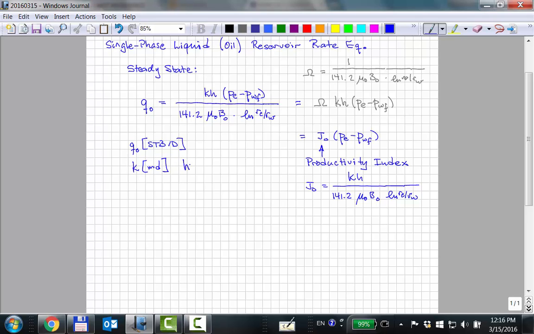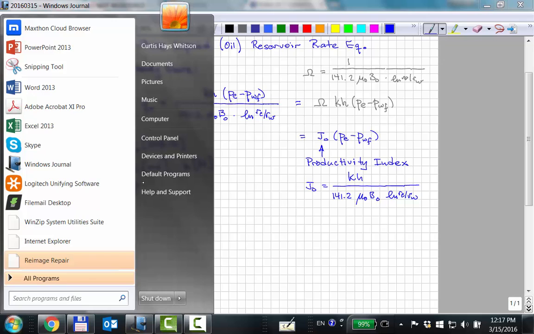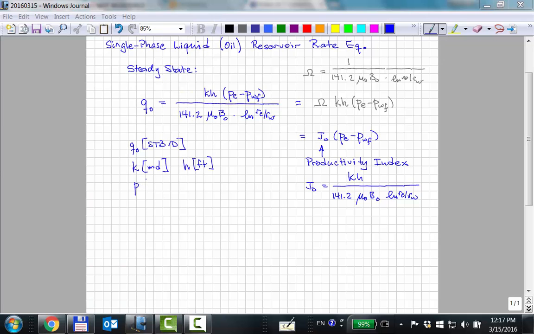Millidarcies, thickness in feet. The concept of millidarcy feet is a concept that, if you're in reservoir engineering, you'll basically get used to. Pressures are in PSI, because it's a difference, it doesn't really matter if it's PSI-A or PSI-G. I'll just put PSI.